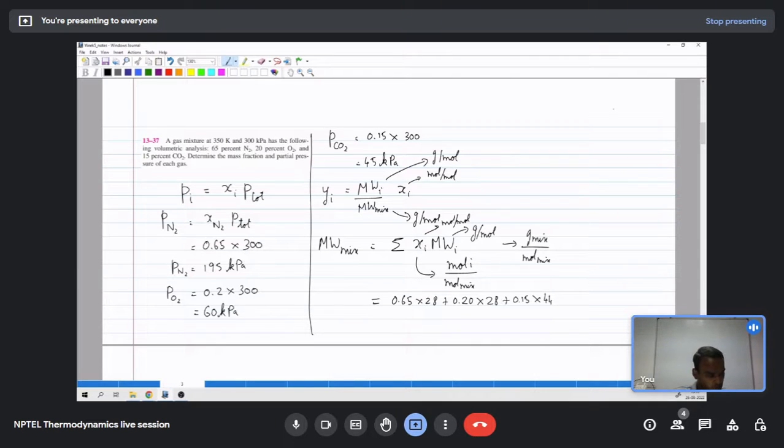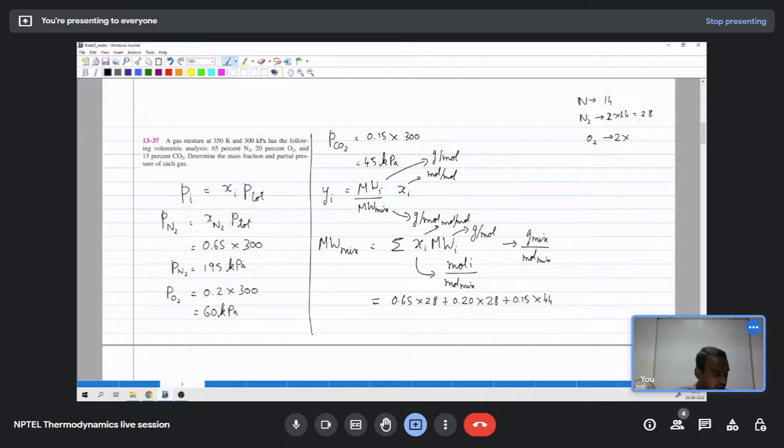I'll just say how to find the molecular weight. Molecular weight for nitrogen, we know that the atomic mass is 14, and nitrogen is N2, so it will become 2 into 14, which is 28. So molecular mass of nitrogen is 28, and same goes with oxygen.